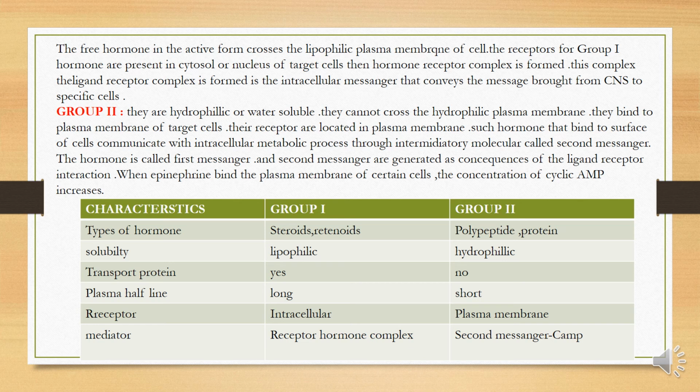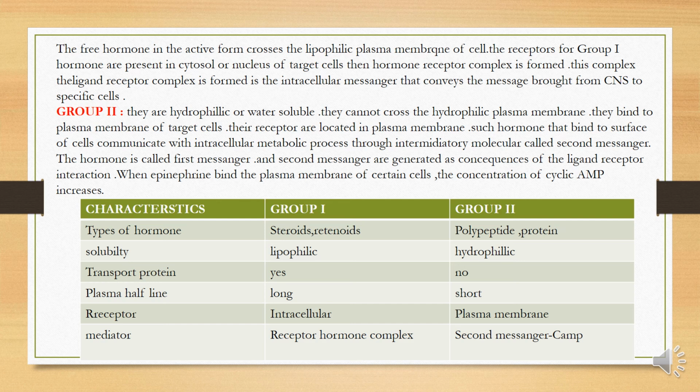Based on these characteristics, we will differentiate group 1 and group 2. The characteristic is type of hormone. In group 1 we have steroids, retinoids. In group 2 we have polypeptide and protein. Solubility: in group 1 we have lipophilic and in group 2 we have hydrophilic.